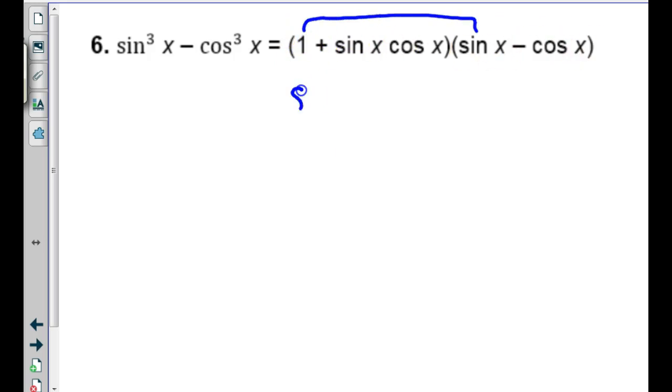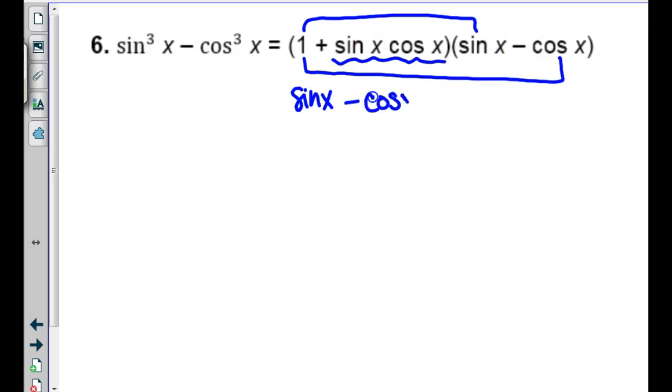1 times sine would be sine. This is like an AB or a 2x or something. It's a sine cosine. Well, let's see. If we do FOIL in order, we did first times first, then we do outside. I never do it in the right order. So you'd have 1 times negative cosine, which would be a negative 1 cosine. Then you do inside term times inside term. What's sine times cosine times sine?